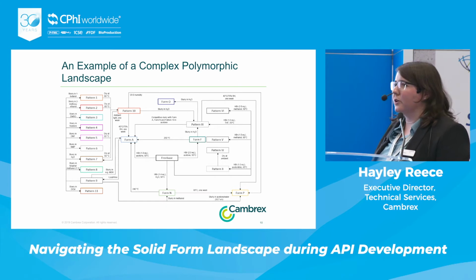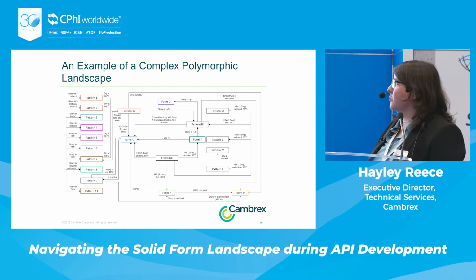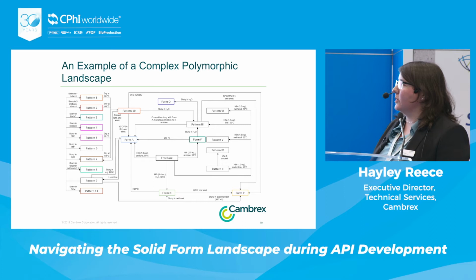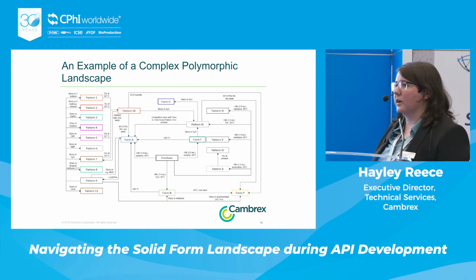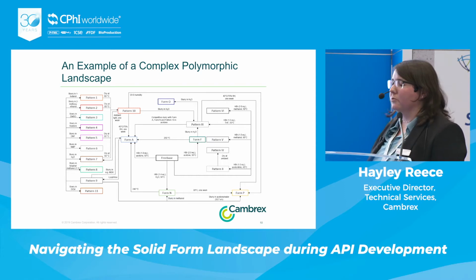So it might be a cooling crystallization, anti-solvent addition crystallization, a particular solvent system that leads to the polymorphic form being obtained. But the key thing is to really understand where those forms are favored. And that's really why we carry out our polymorph screening work, is to gain an understanding of what forms are out there and which ones we should be moving forward with into further development.